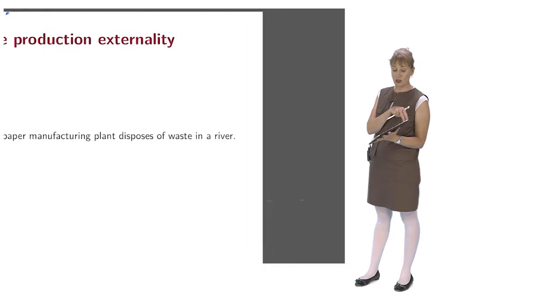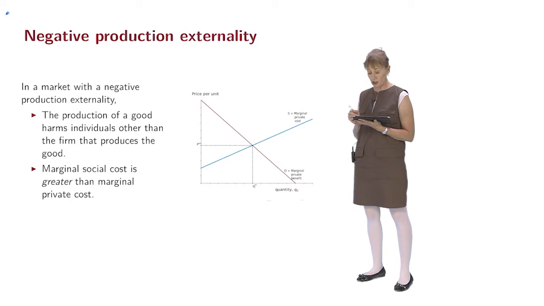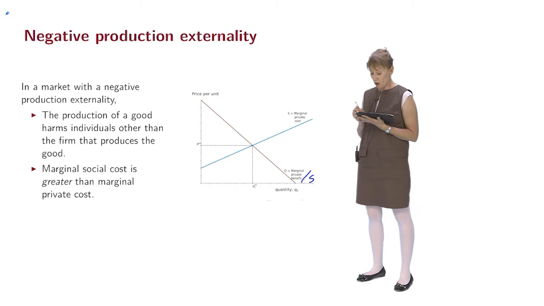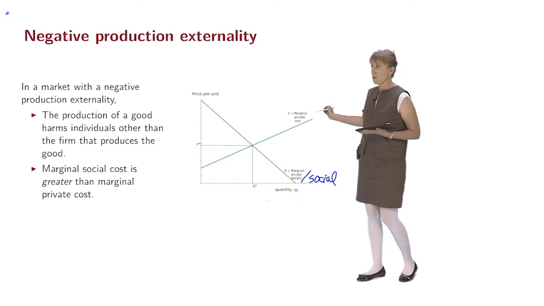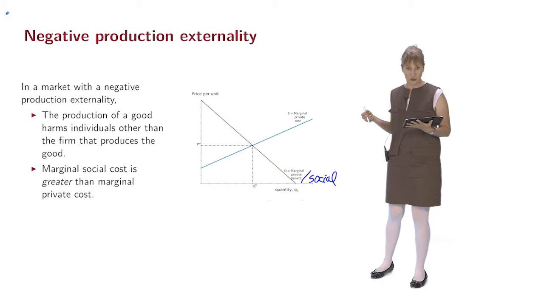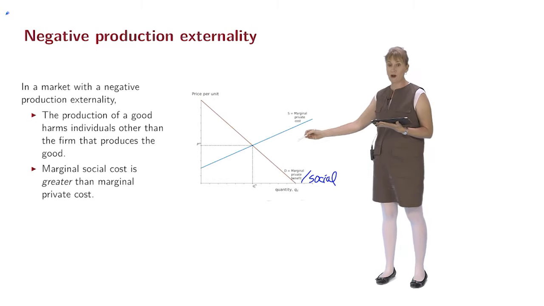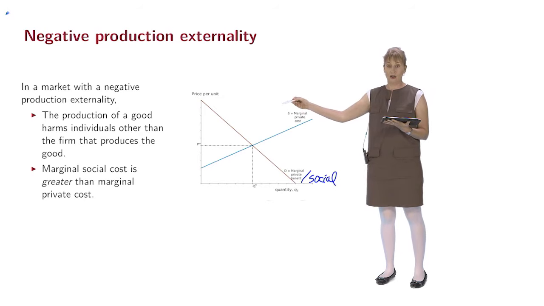So if we take a look at our standard supply and demand graph, since this is a production externality, marginal private benefit is equal to marginal social benefit. But our marginal private costs are different than our marginal social costs. At every level of output, social costs are higher.